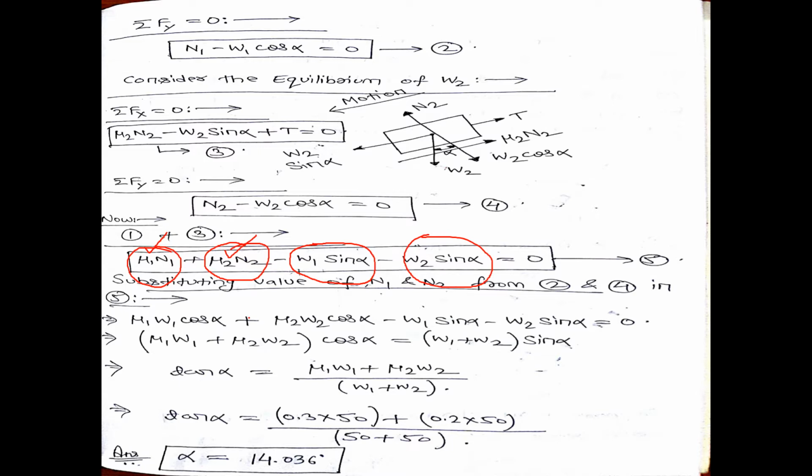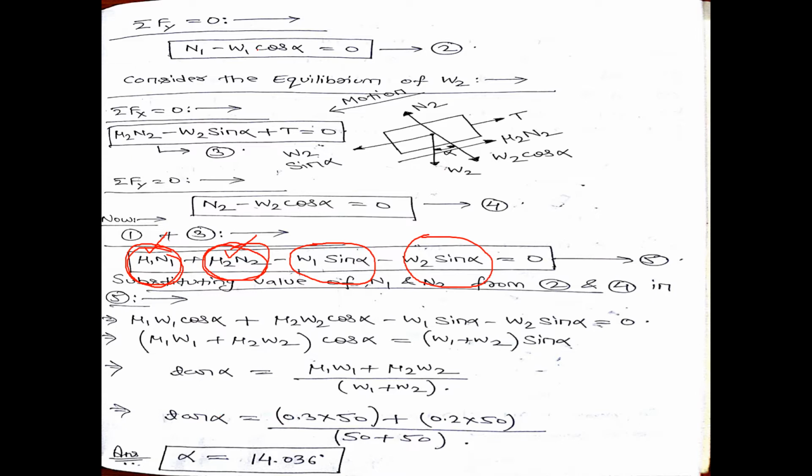So if somehow I can replace this part by alpha, then the entire equation 5 will be in terms of alpha, and easily I can find out the value of alpha. Yes or no? Yes, sir.